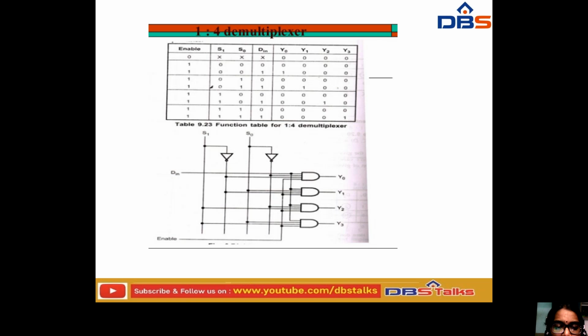So this is the AND gate and that is the OR gate. We already know this is the AND gate, so A and B means A into B that we are going to perform there. And this is the select input, S1 S0.